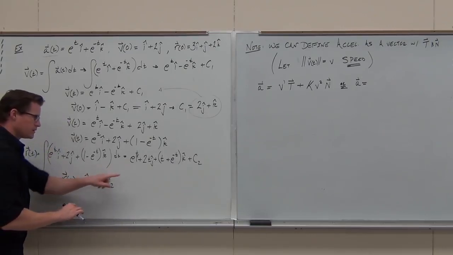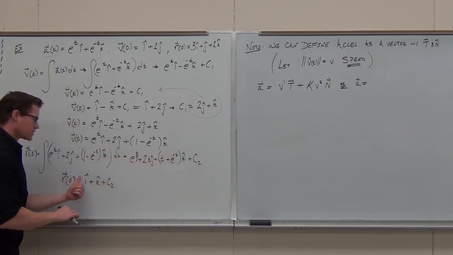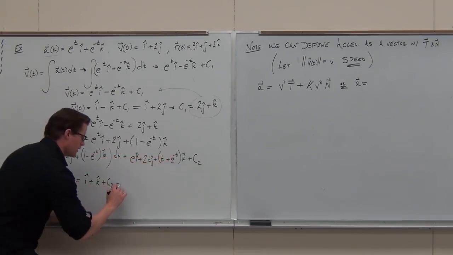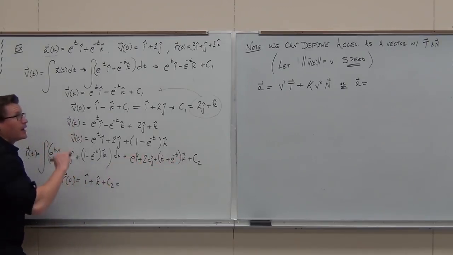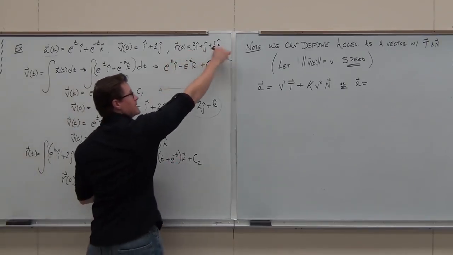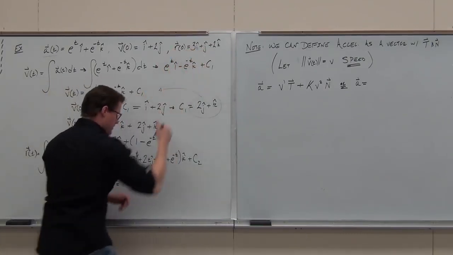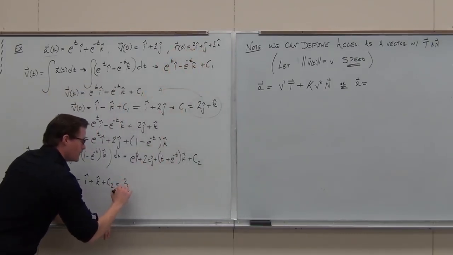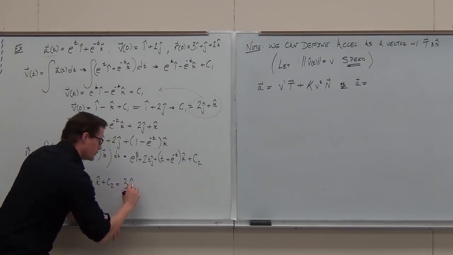This is 1, this is 0, this is 0, this is 1. So i plus k plus c2 says, when you plug in 0 here, you get this. But you also plug in 0, you need to have this. Therefore, if I plug in 0, I get this, and I plug in 0 and I get this, these two things have to be equal. And that c2 lets them be equal. You solve for it to make them equal.